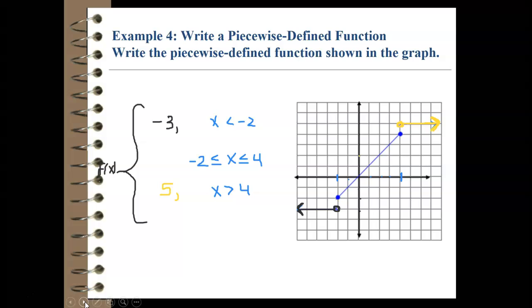For the middle line, the y-intercept is 0, 0. And the slope is up 1, right 1. So the equation of the middle line is just x.